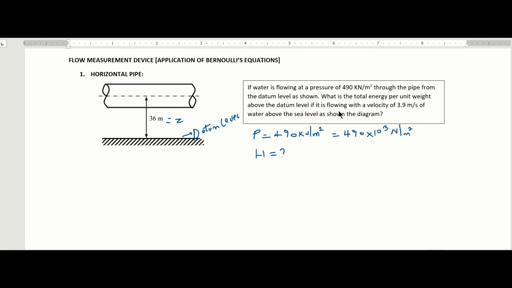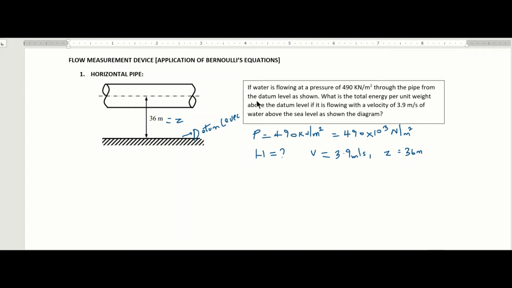If it is flowing with a velocity of 3.9 meters per second, so our velocity is given to us as 3.9 meters per second above the sea level as shown in the diagram. Remember that our height above the datum level is given as 36 meters.